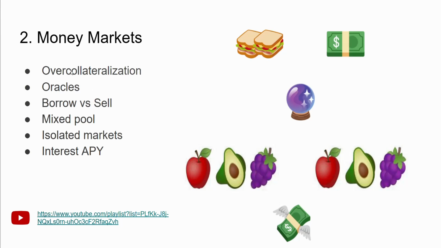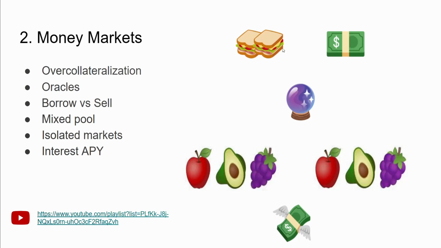Okay, here we have money markets, the second slide of this presentation. Money markets are a place where you can lend tokens in order to borrow other tokens. Now, there are two key reasons why you would want to do this. Number one is it allows for leveraging, because for example, you can use your sandwiches to borrow some US dollars, and you still own the sandwiches, okay?